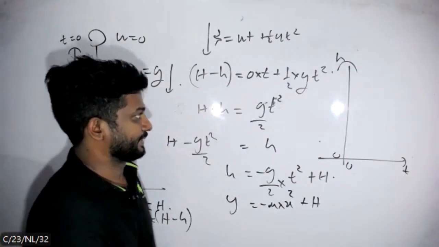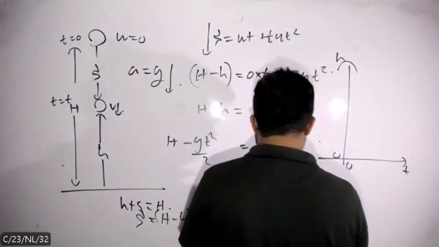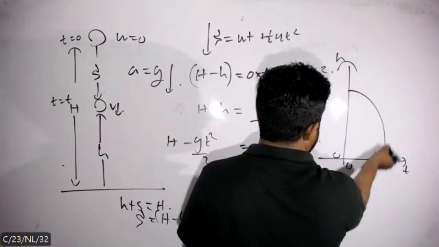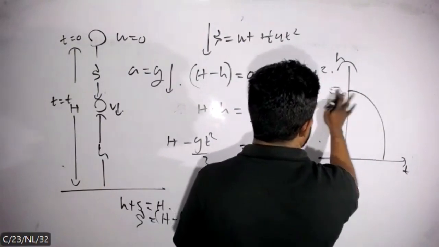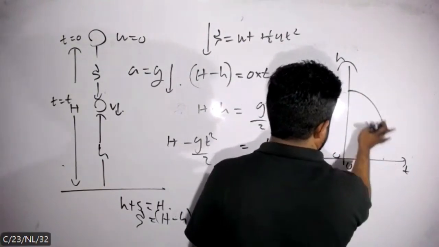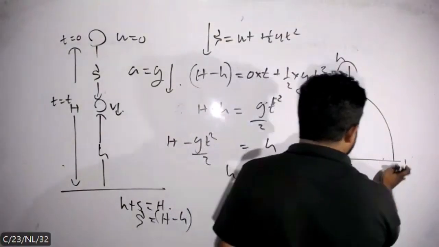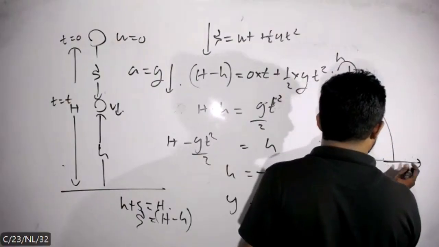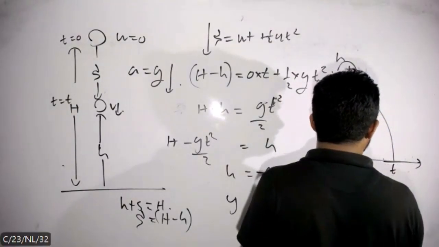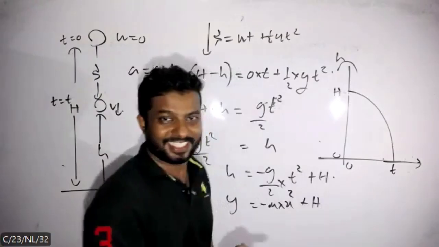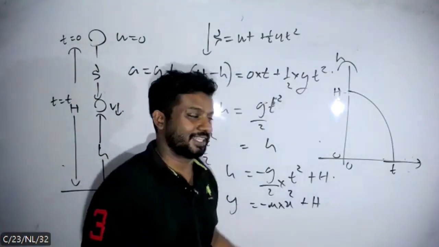Therefore, the shape is y equals minus m x squared plus h, and the intercept is equal to capital H. And here you need to identify this time interval. Not only the shape of the curve, but also you need to identify the time interval.